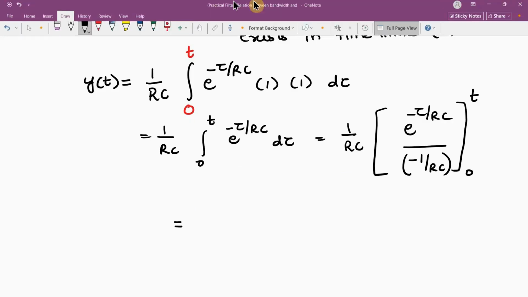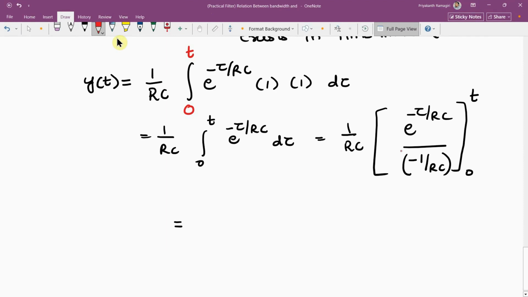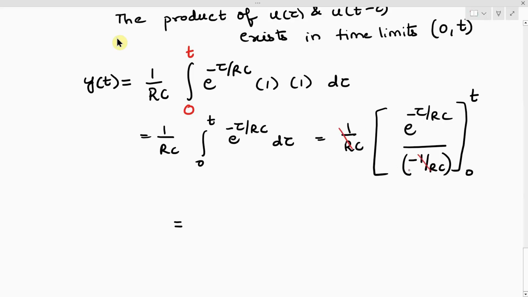Now, can I cancel this 1 by RC? Yes, sir. So you don't have 1 by RC, but please make sure that you don't leave this minus. So y of t equals minus e power of minus tau by RC with the limits of 0 to t.